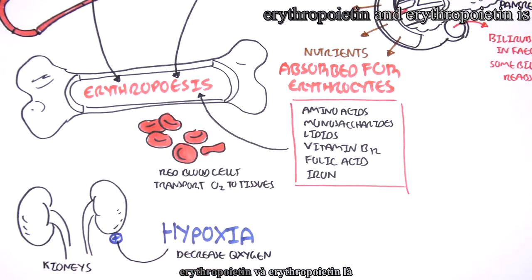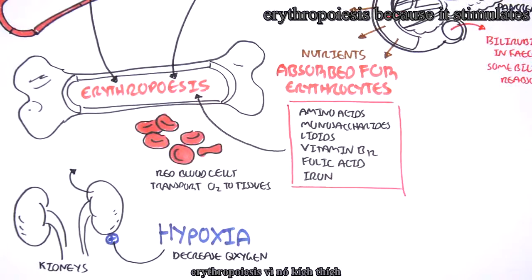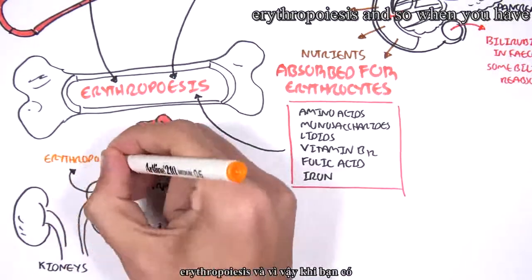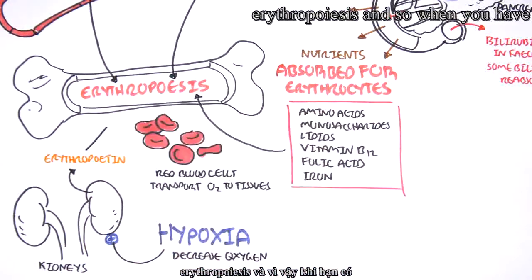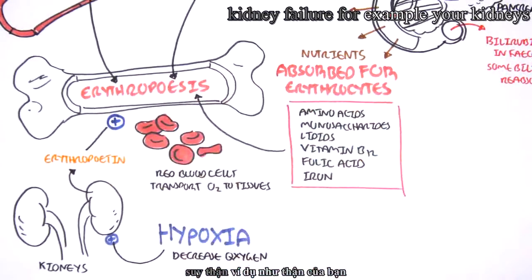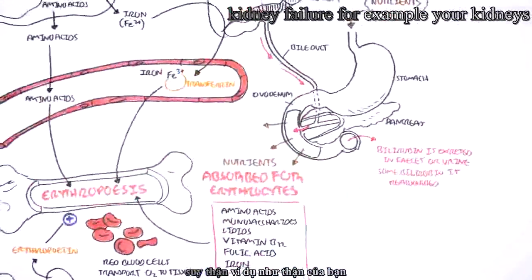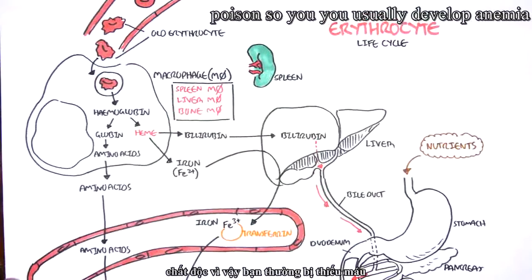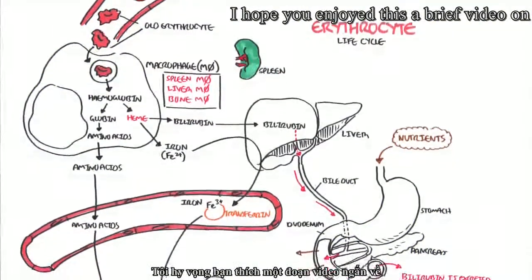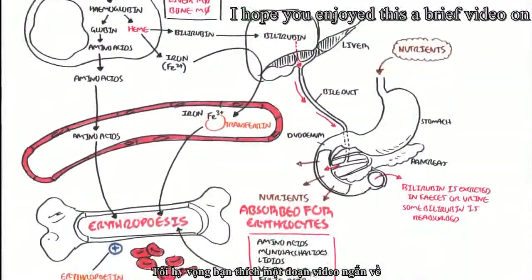And erythropoietin is such an important hormone in erythropoiesis because it stimulates erythropoiesis. And so when you have kidney failure, for example, your kidneys are not able to produce erythropoietin, so you usually develop anemia. I hope you enjoyed this brief video.